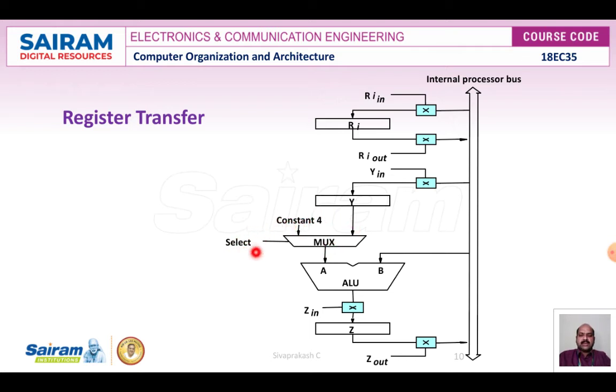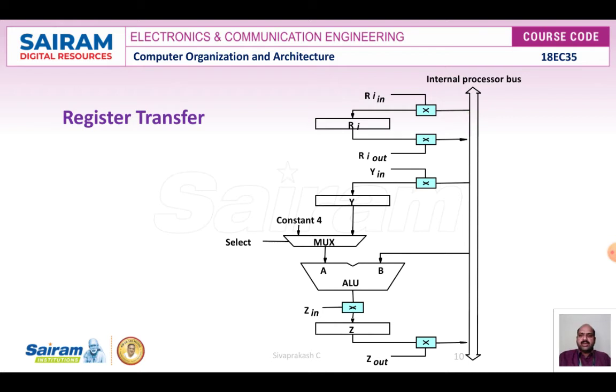By using a select pin, we select either the 4 value or the Y value as input A for the ALU operation, and the B input is given from the register through the internal processor bus, and the output register, nothing but the temporary register, is Z, consisting of an internal processor bus.